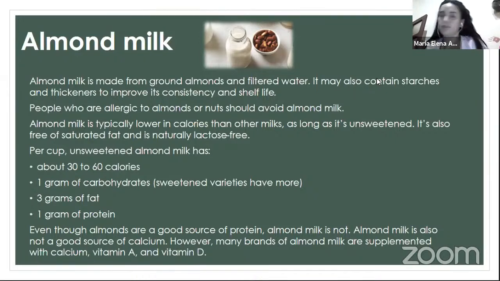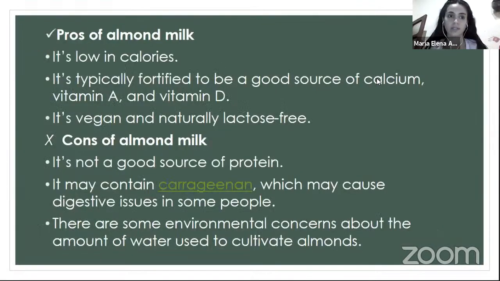However, many brands here in the United States and everywhere supplement with calcium and vitamin A and vitamin D during the process of making almond milk. This is something important that we should know. The almond has calcium, but when the process starts, the calcium of the milk is lost.